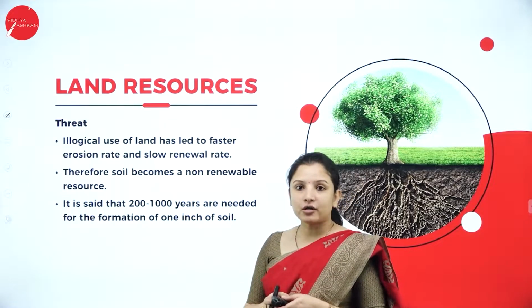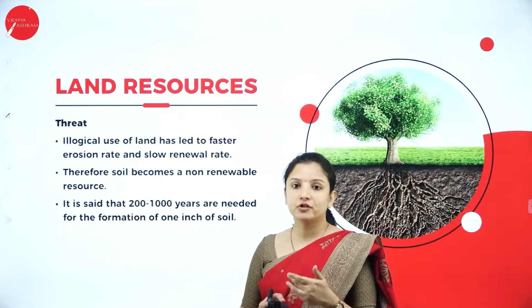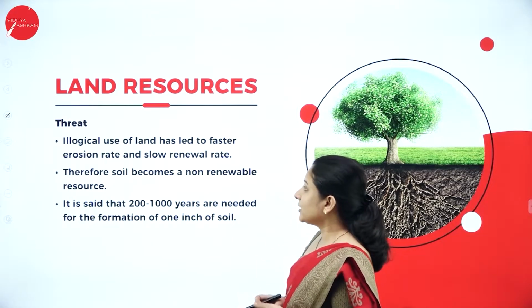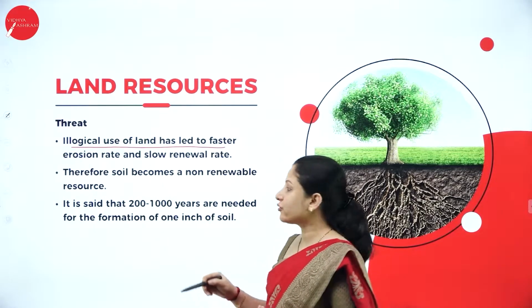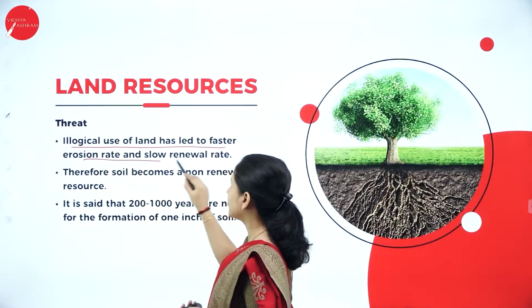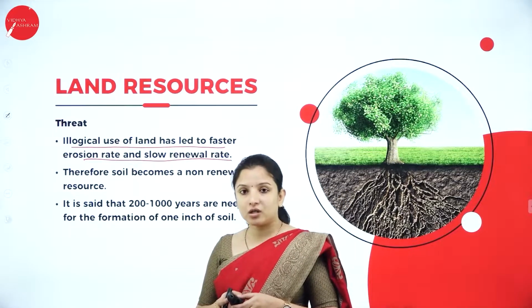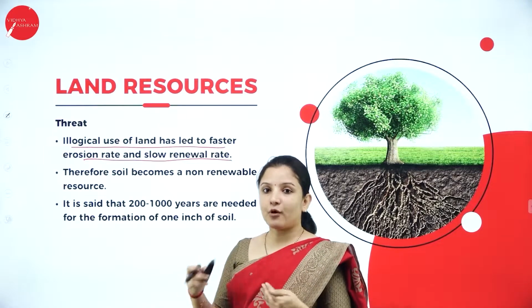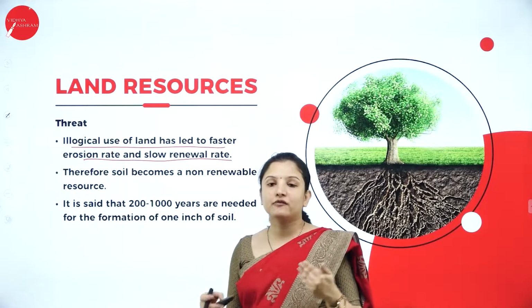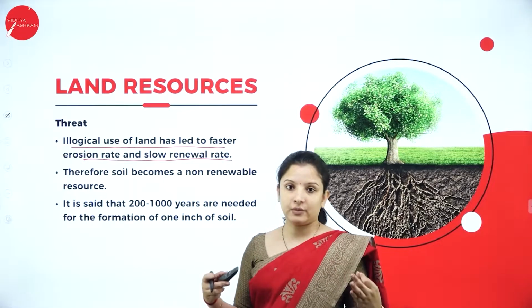Next, let's talk about what are the threats or what are the problems that are caused for the land resources. So, illogical use of land has led to faster erosion rate and slow renewal rate. The population of the world is increasing drastically, and as and when the population increases, the number of houses that come up increases, the number of vehicles that come up increases.